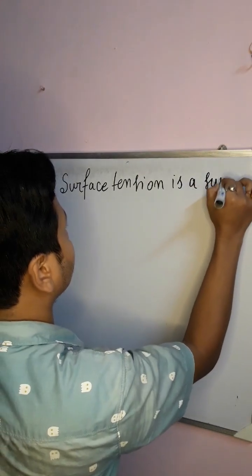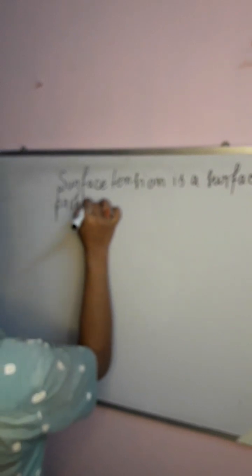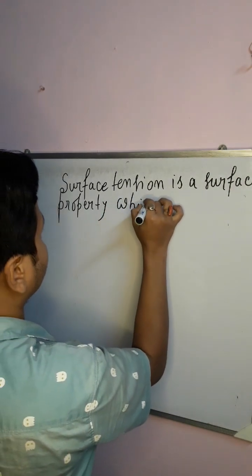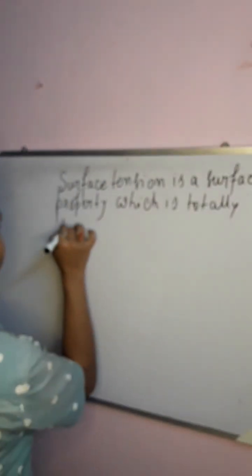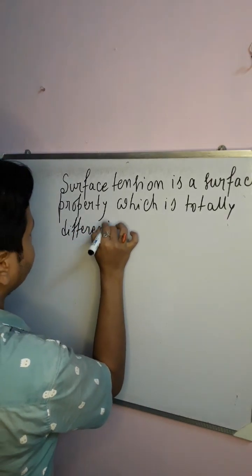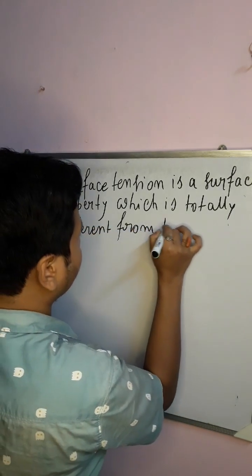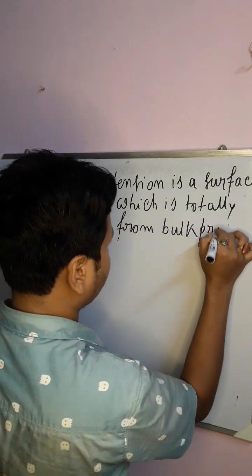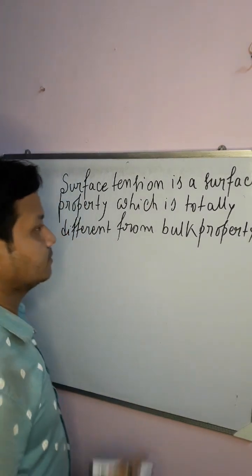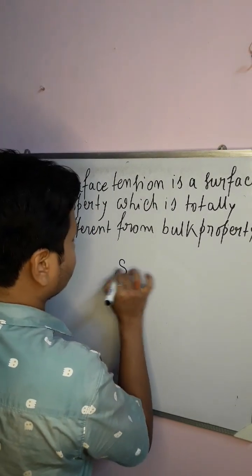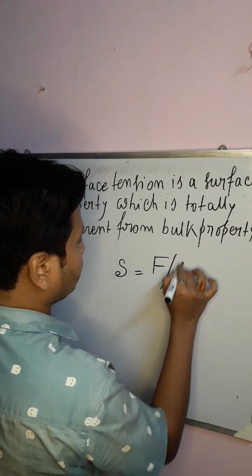Surface tension is a surface property which is totally different from bulk property. Remember this. So surface tension we usually define this way.